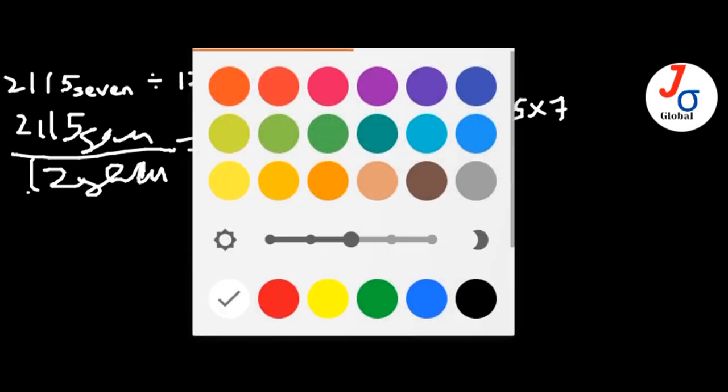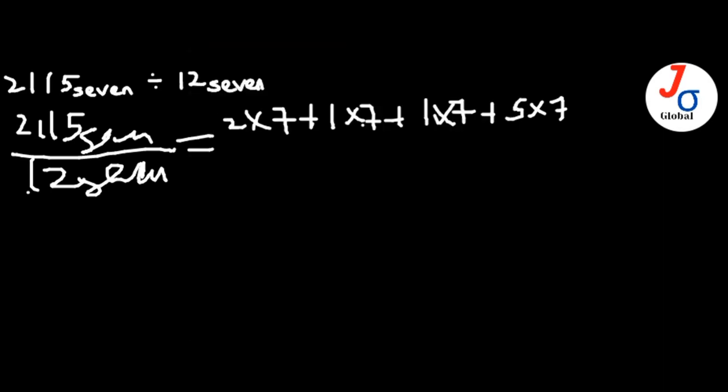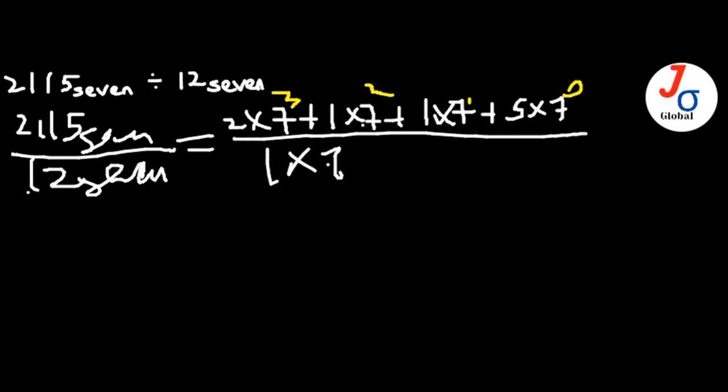Then we give index or power to the bases: 0, 1, 2, then 3. Over, you have 1 multiplied by 7 plus 2 multiplied by 7, so we give index to the bases: 0 and 1. Okay, so we continue.